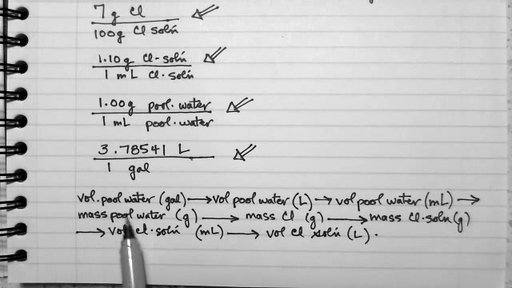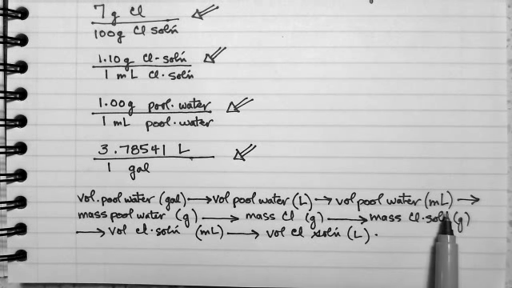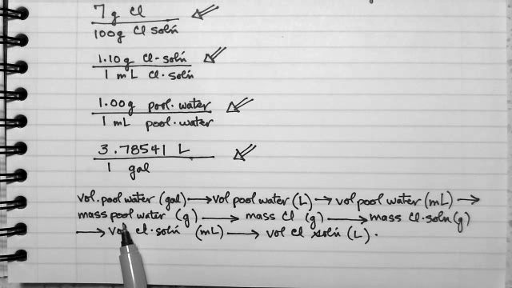Okay, so the first conversion will just go from gallons to liters, and then we'll go from liters to mils. Then to go from volume of pool water to mass of pool water, we need the density of pool water. To go from the mass of pool water in grams to the mass of chlorine in grams that's in that pool water to reach the 1 ppm, we're using that 1 ppm conversion factor.